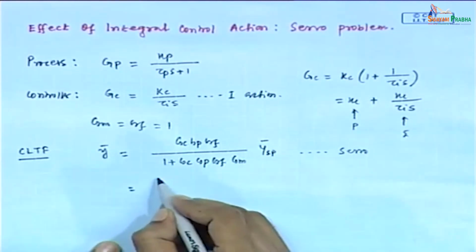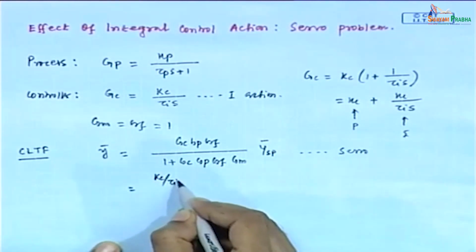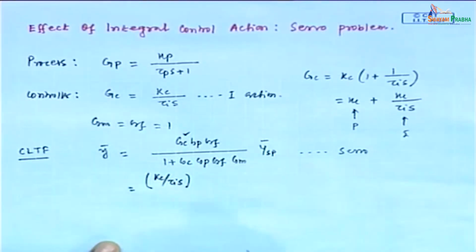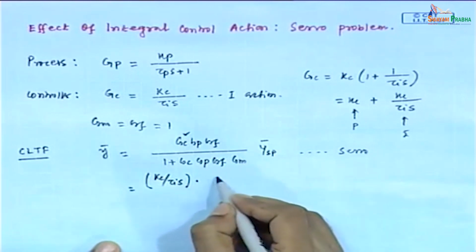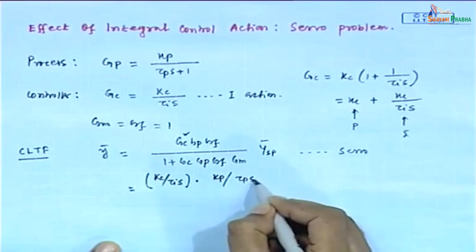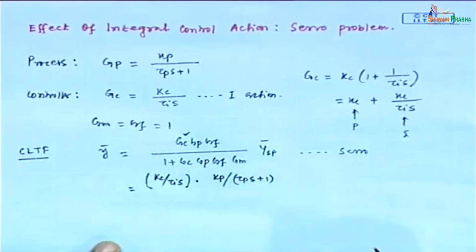Gc is Kc divided by tau I s, this is Gc. Gp is Kp divided by tau P s plus 1 and Gf is equal to 1.